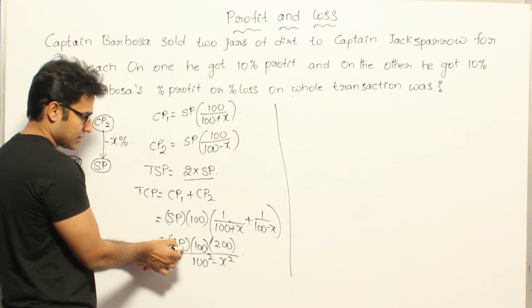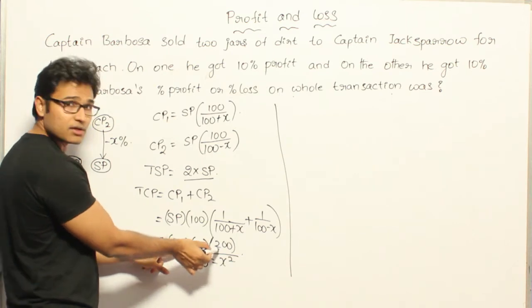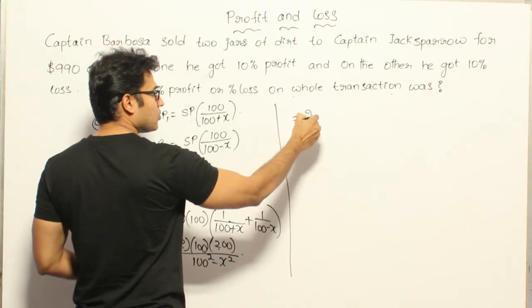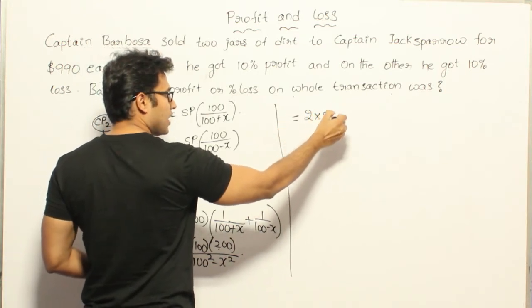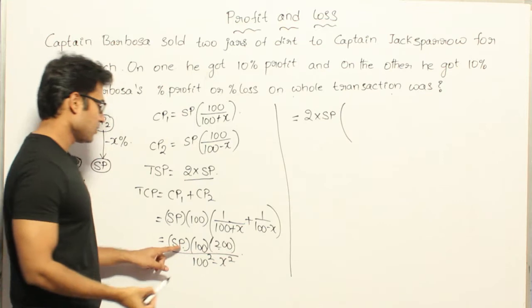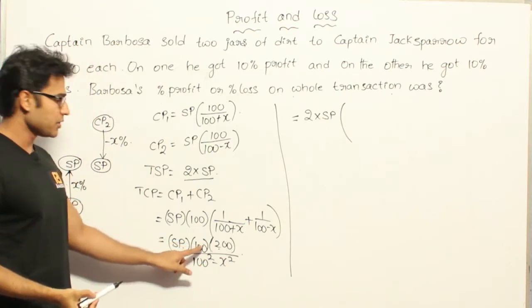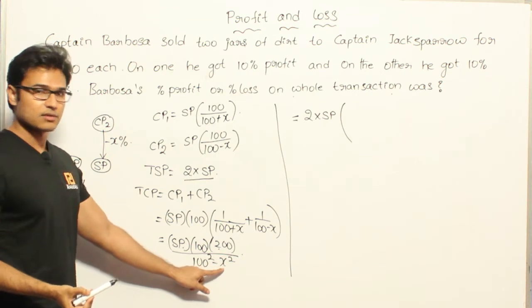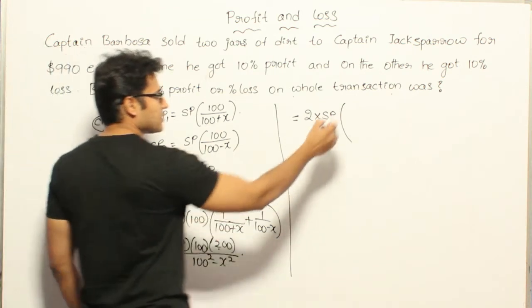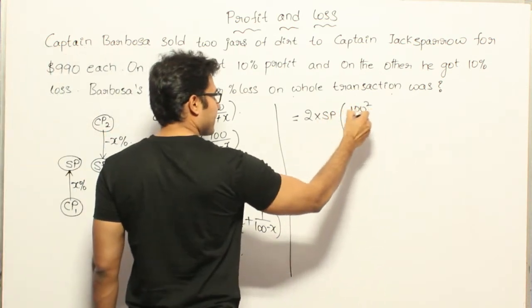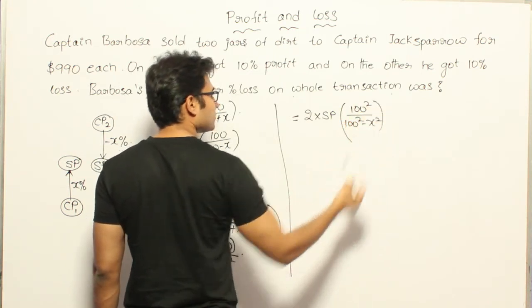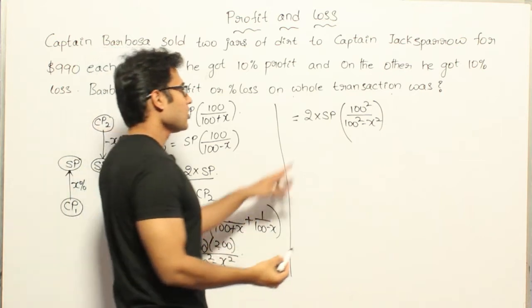From here SP is there and then 2 is here. I'll pull these two out. So what do I get? 2 into SP, and then I'll write the remaining over there. If I pull 2 into SP, what will be remaining? 100 square will be remaining divided by 100 square minus X square. So it is 100 square divided by 100 square minus X square. What do we get here?